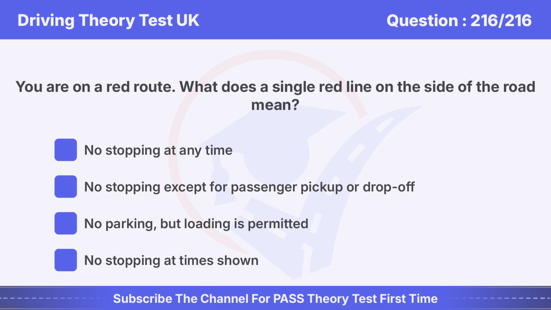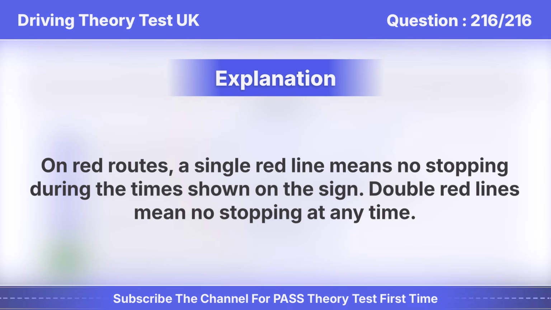You are on a red route. What does a single red line on the side of the road mean? Answer is D. No stopping at times shown. On red routes, a single red line means no stopping during the time shown on the sign. Double red lines mean no stopping at any time.